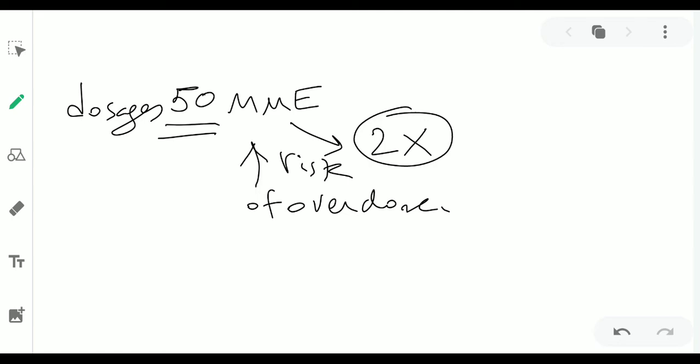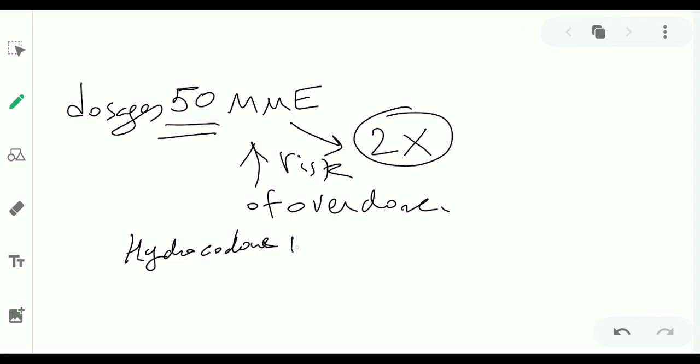In order to find out what exactly we mean by 50 or 90 morphine milliequivalent, there are some examples, and there are some online calculators where you can put in the medication. Say you have hydrocodone, a common prescription drug that is actually Schedule 2 but very commonly prescribed.